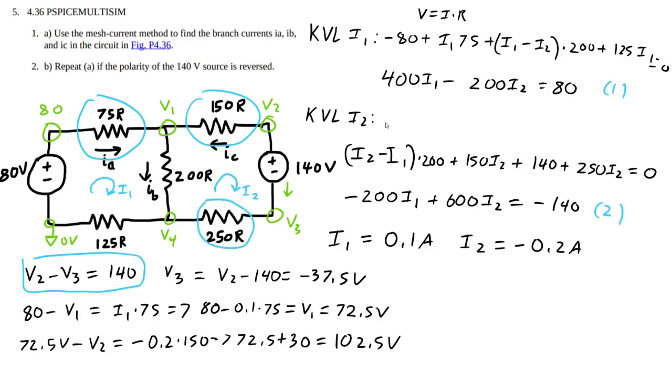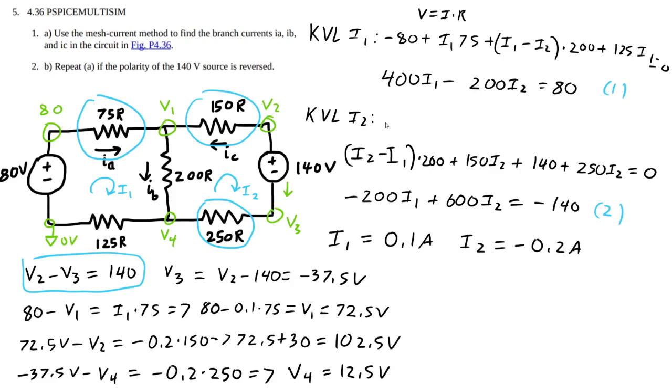So 250, so V3 is minus 37.5 volts minus V4 equals I2, which is minus 0.2 times 250. And I think you know the drill. I'm going to do that. And then plus 0.2 times 250. V4 ends up being 12.5 volts.